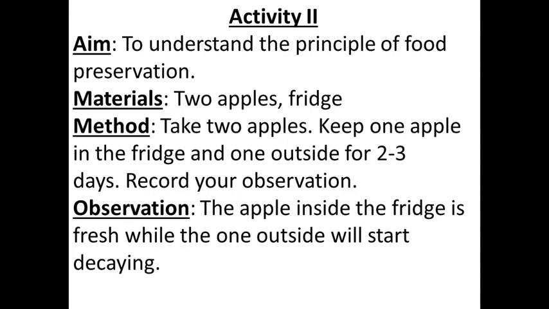You can perform that activity at your home because it is possible for you. It is not compulsory to take apples. You can use any kind of food, fruits, vegetables, anything. Just observe it properly. Okay, so this is your second activity.